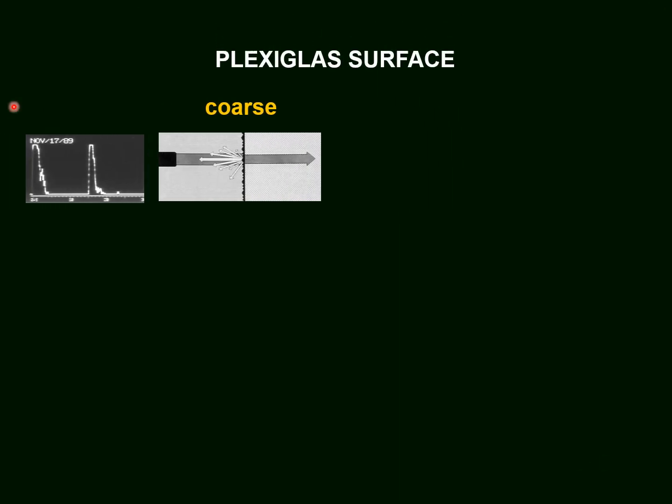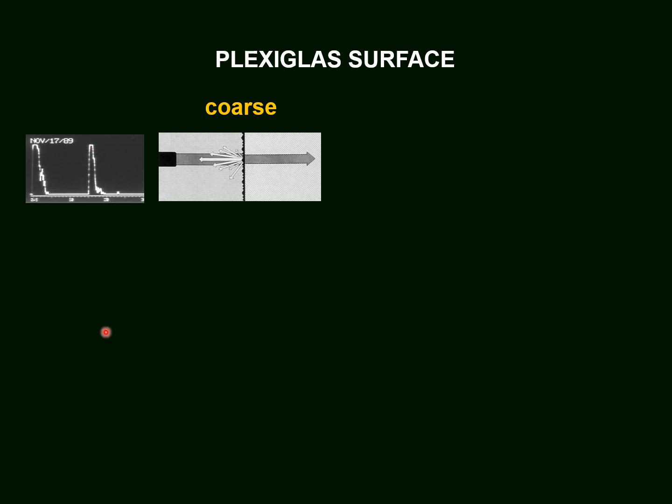And here is an example, a plexiglass surface that is coarse, examined in water. And we see here the water, plain baseline, and then with perpendicular exposure the surface of the plexiglass.